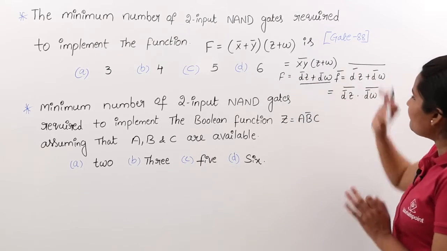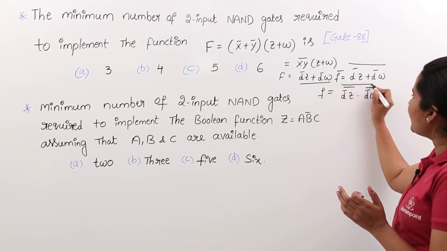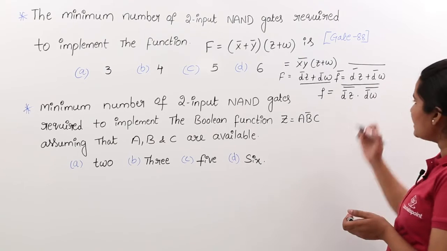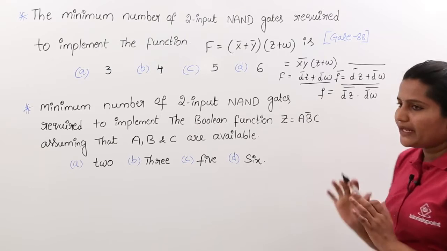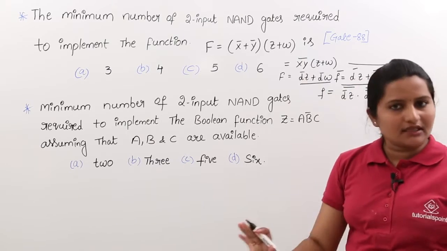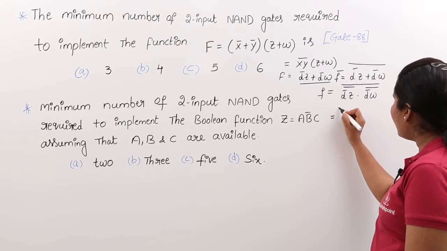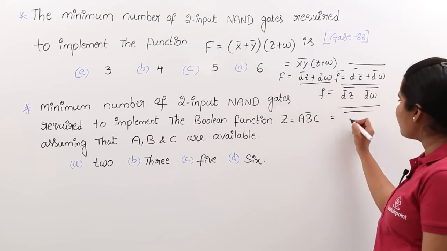This is f bar, so to get f, what can you do? You need to take another bar here. See how many NAND gates there are here. Multiplication with complement is nothing but one NAND gate. So I am taking d again as it is, that means d is (xy) whole bar.